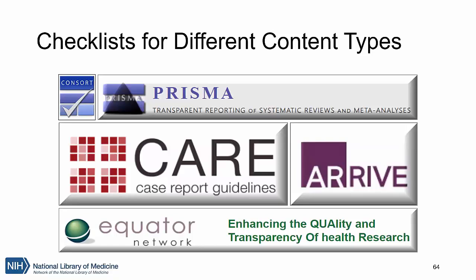It advances the work being done by individual groups over the last 15 years and is the first coordinated attempt to tackle the problems of inadequate reporting systematically on a global scale. Additionally, NLM maintains an adapted format of EQUATOR with brief descriptions of each paper type, and you will find both of these links on your handout.